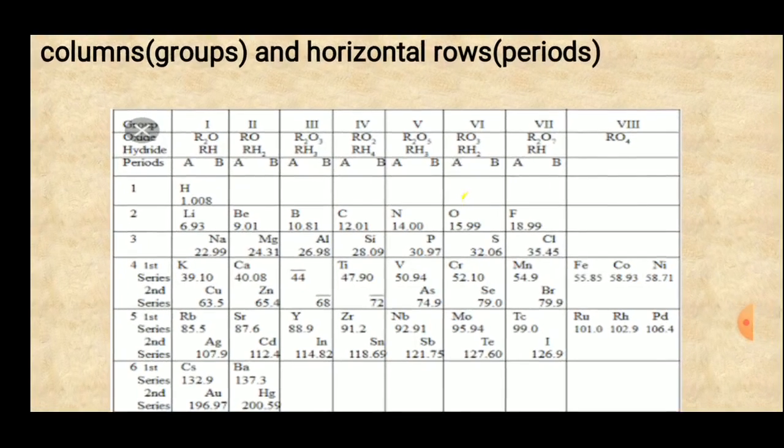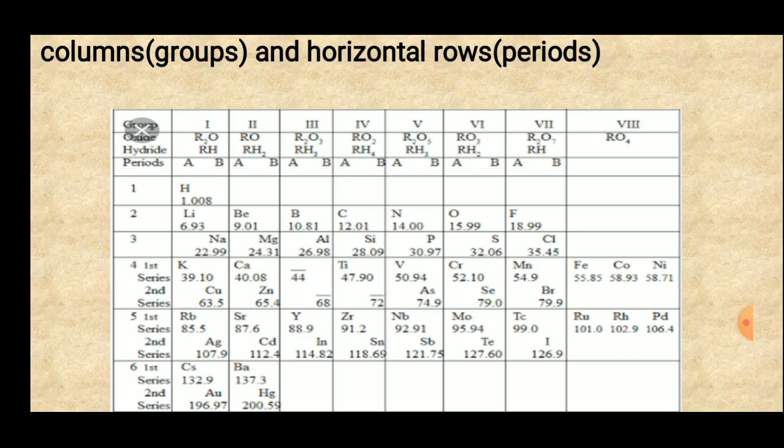Now periods are there, and vertical columns are called groups. Group numbers 1, 2, 3, 4, 5, 6, 7 are mentioned in the form of Roman numerals. That is called a group. The first group, second group, third group.